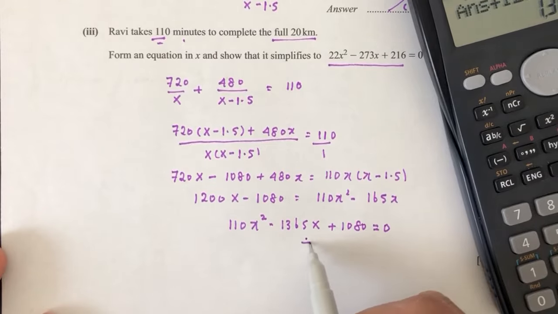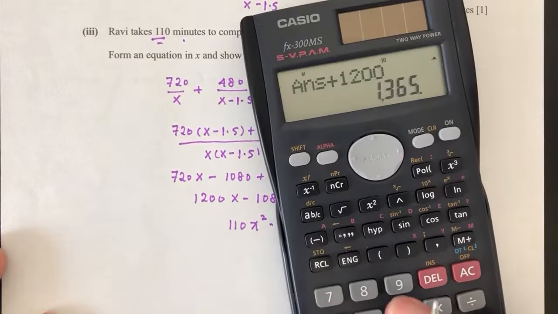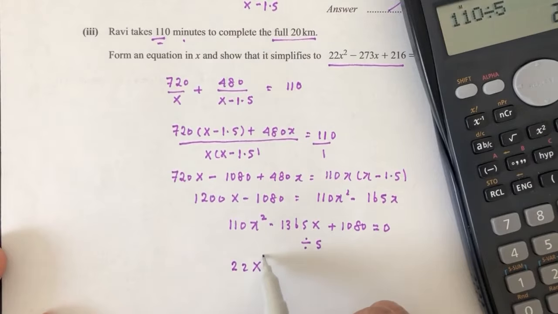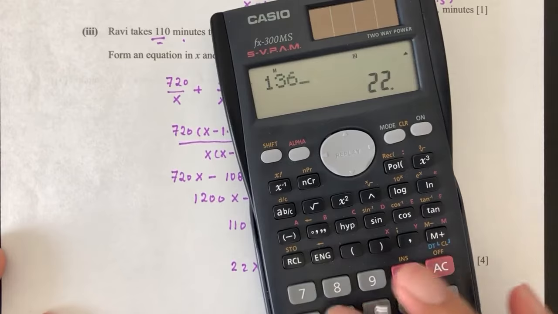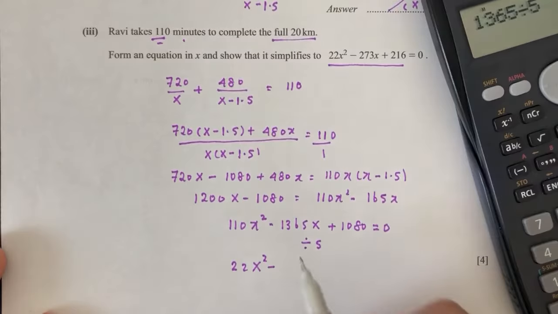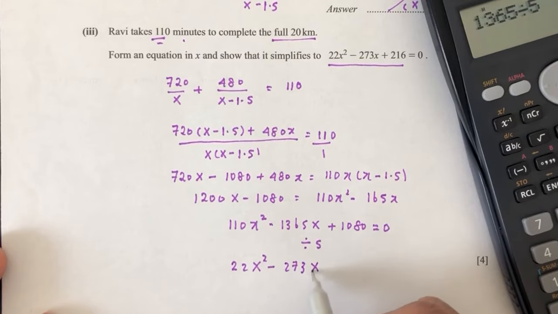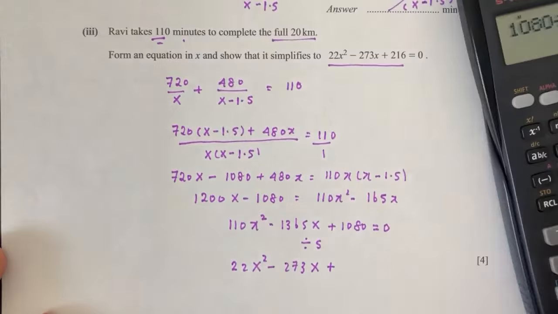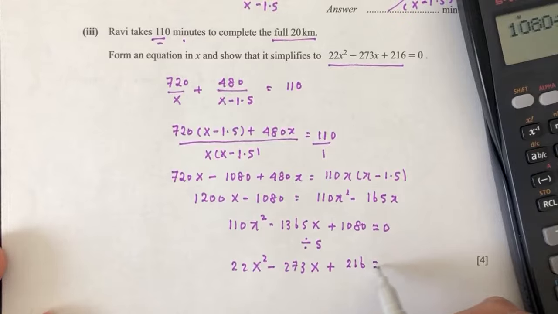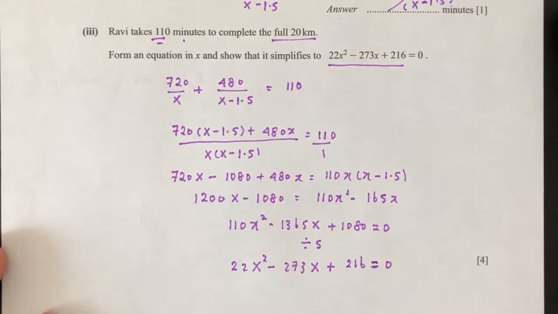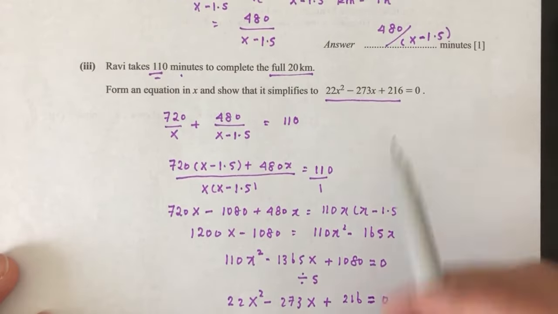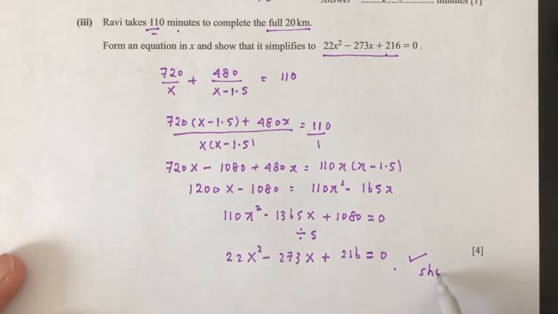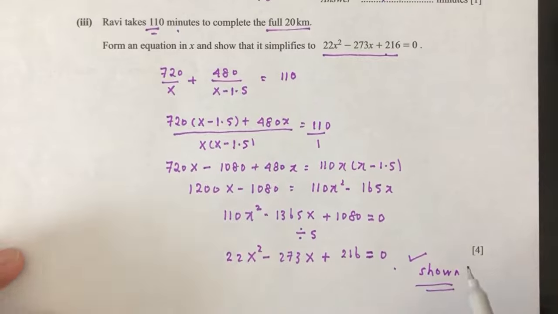So we can divide everywhere by 5. Let's see what we have. 110 divided by 5, we have 22. 1365 divided by 5, we have 273. And the last one is 1080 divided by 5, it will be 216, equal to 0. So as you can see, this is equal to this, so shown as required.